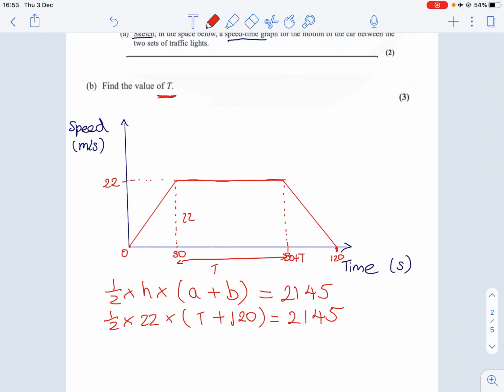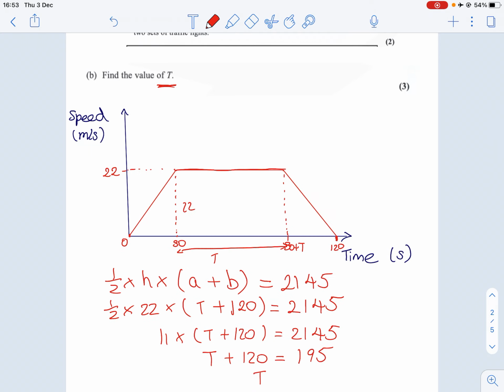So we're just going to solve our equation. So we have 11 multiplied by t plus 120 is equal to 2,145. So we know t plus 120 is equal to 2,145 divided by 11, which is 195. Therefore, we know t is equal to 75.